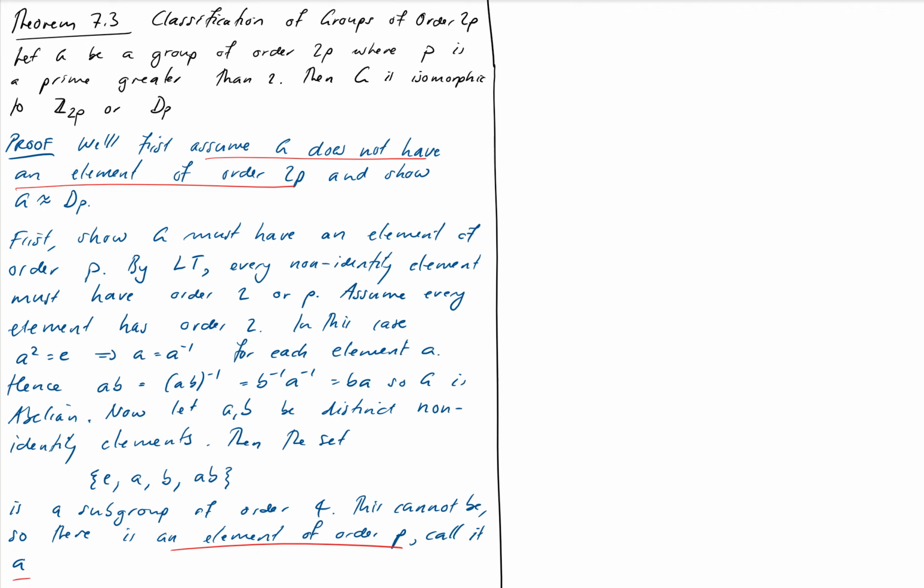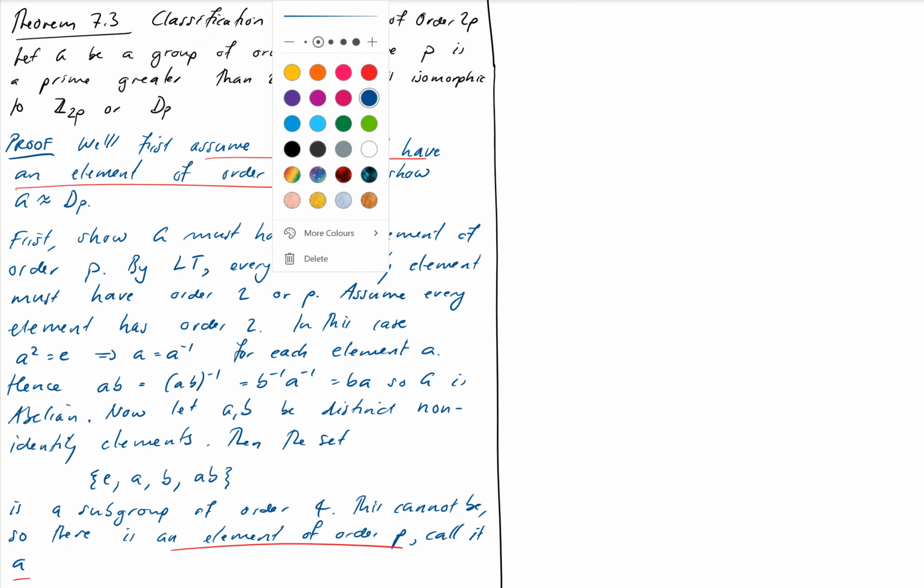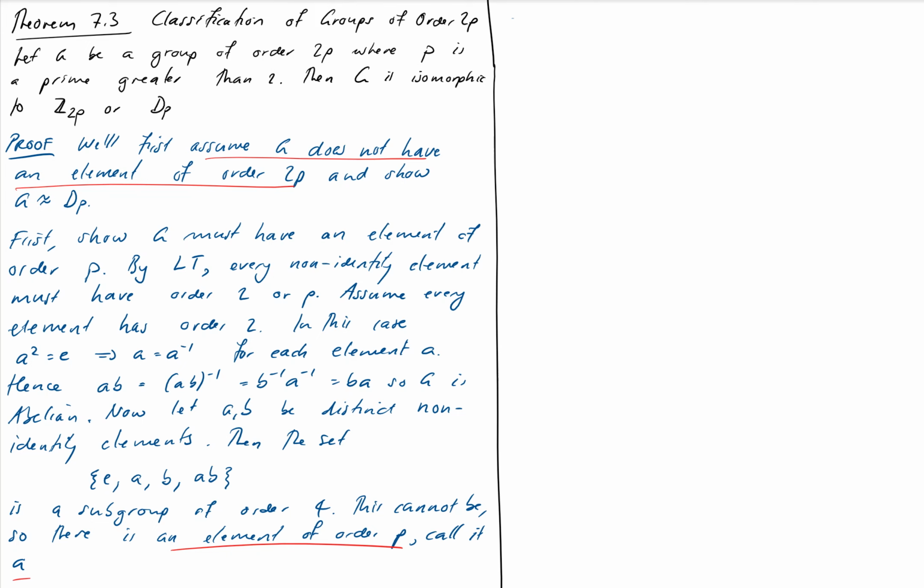If we think back again to D4, because that's the one we're familiar with, every element of a dihedral group is going to be either a rotation or a reflection. All of the reflections have order 2, and the rotations are rotations. So what we want to do is make sure that everything in our group behaves that way. So we're going to choose an element that's not of order P.